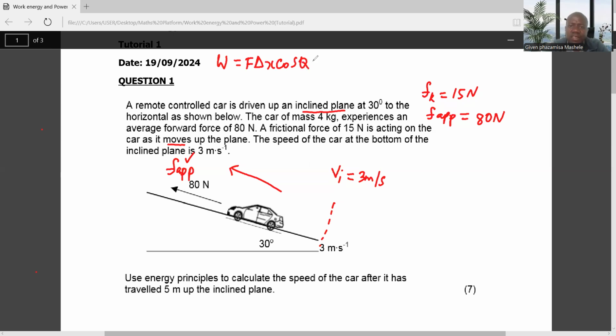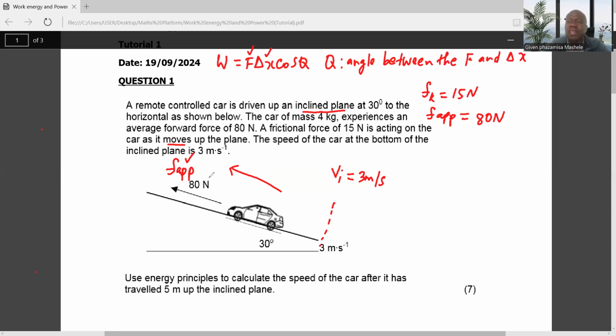And what is this theta? Theta is the angle between the force and the displacement.